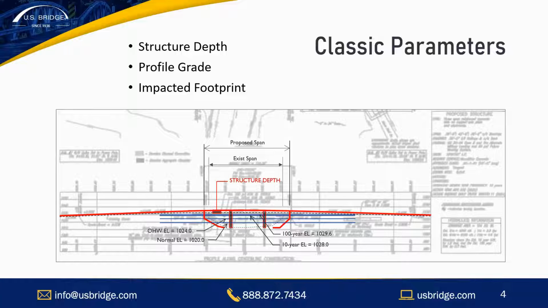You have to consider if there's piers going to be constructed in the water, they're going to take up some of your conveyance opening. Your beams are getting longer, so therefore things are getting deeper, which has an effect. These are all the classic parameters that bridge engineers need to consider when they're siting in a bridge. And of course, structure depth drives all of those things.